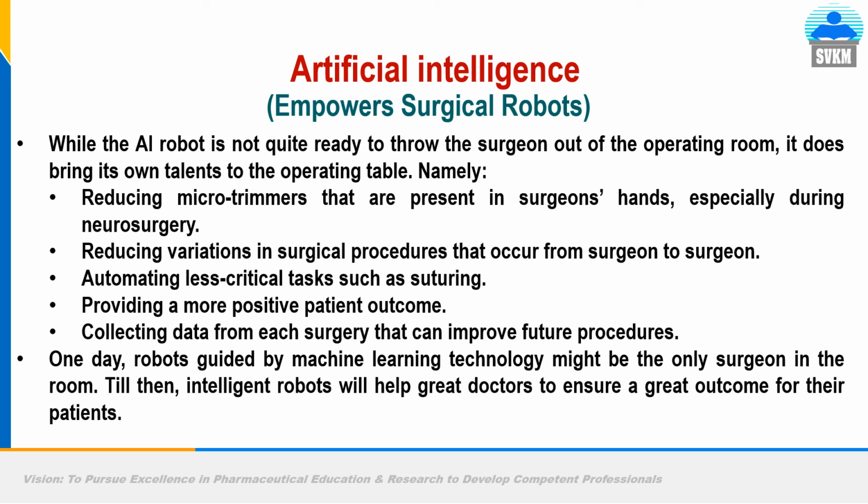Robots can also automate less critical tasks such as suturing, providing a more positive patient outcome, and collect data from each surgery that can improve future procedures. One day robots guided by machine learning technology might be the only surgeon in the operating theater. Till then, intelligent robots will help doctors ensure a great outcome for their patients.